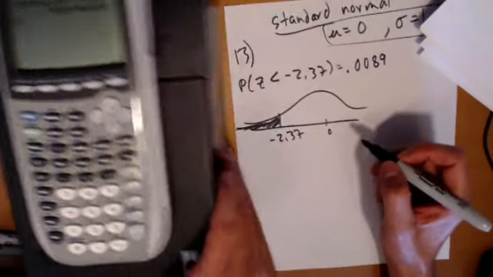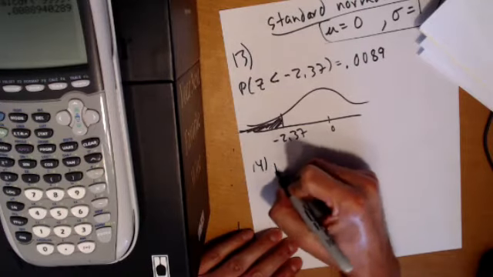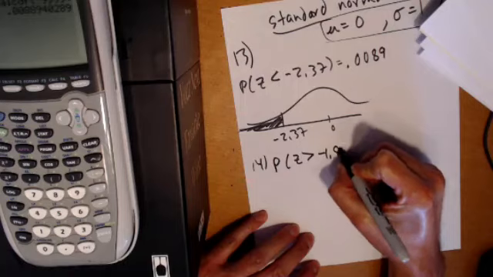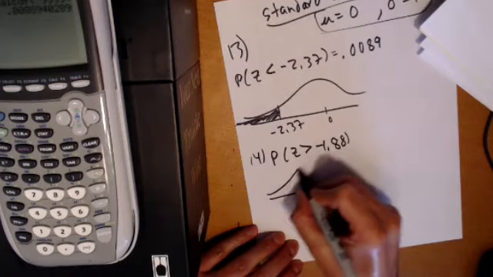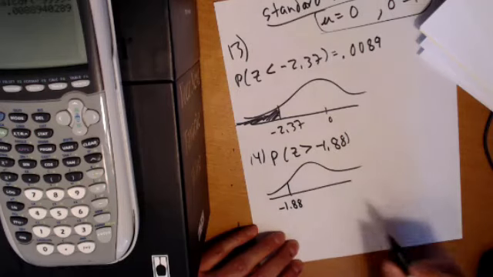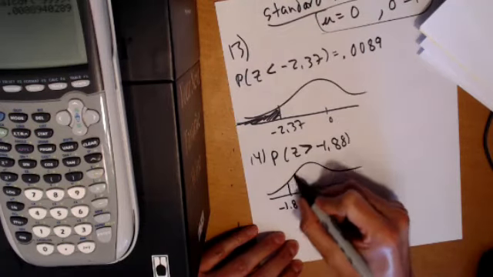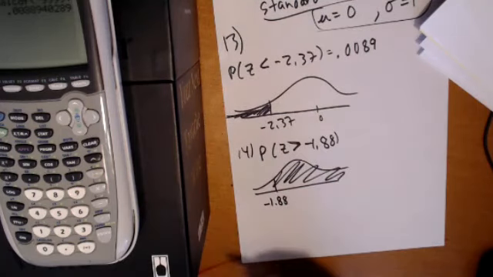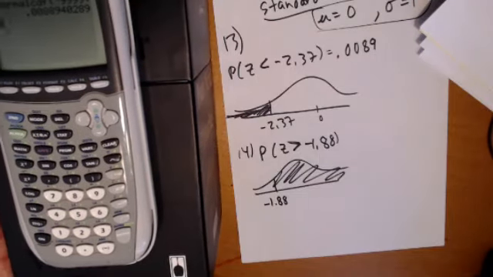Okay, let's do 14. Probability that z is greater than -1.88. Draw a picture. 0 in the middle, so -1.88 is over here. Shaded to the right, greater than. Aha, so my answer better be more than 0.5. Okay, so I'm going to do the calculator.